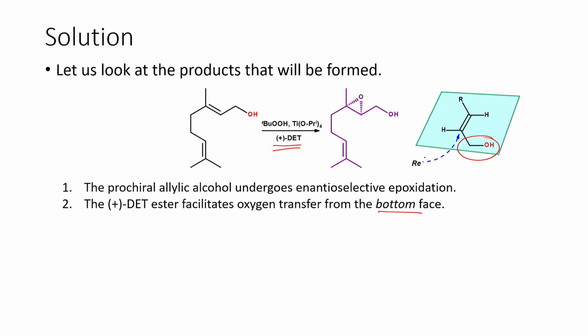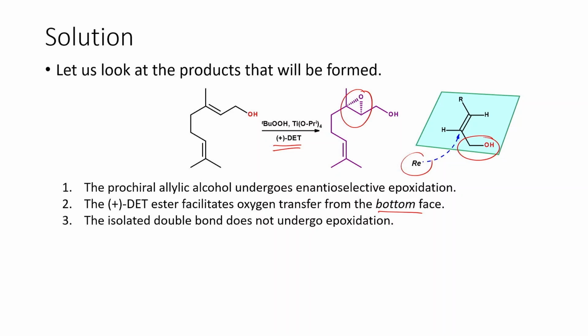The bottom face is the place where the plus isomer of diethyl tartrate, whenever we use it, attacks this allylic alcohol's double bond from the bottom face. So when it attacks from the bottom face, we end up with the oxygen from the bottom face. So this is an enantioselective reaction, and this is a very, very specific reaction.